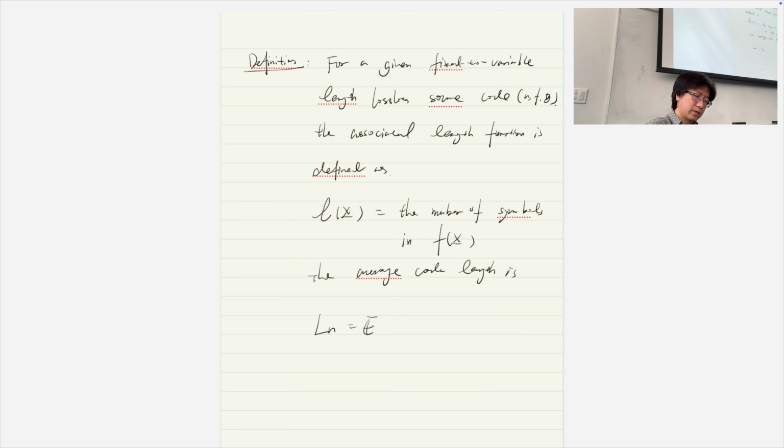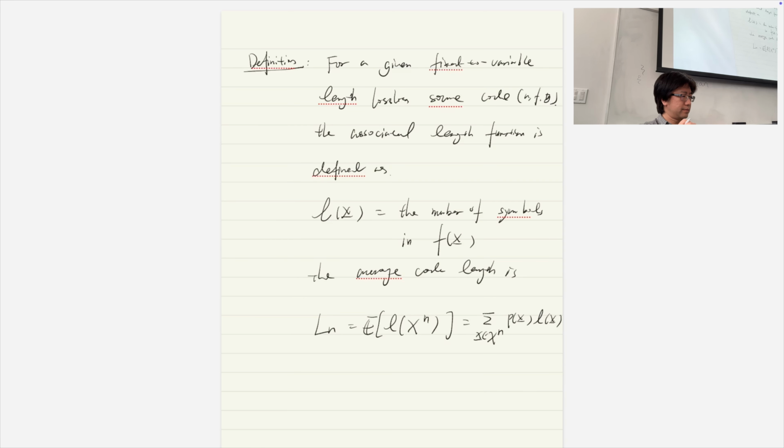So that equals to basically, we have all the source information here, and then we have our probability distribution, and then L(x). Okay, so that's the average code length.